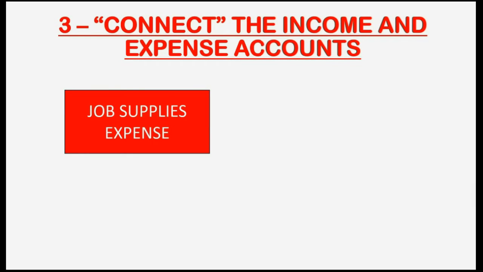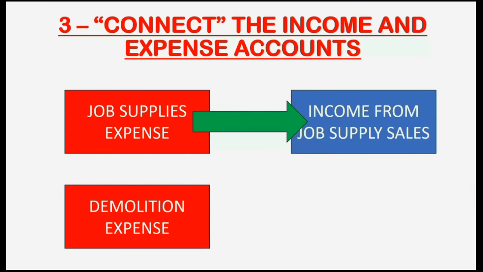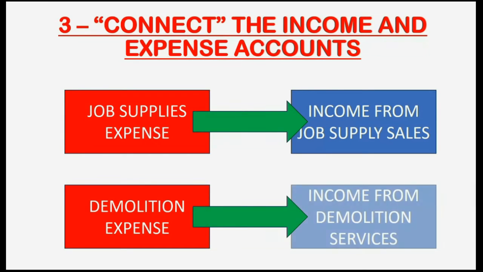We want to connect job supplies expense to income from job supply sales. And because we changed the option, we have to do this additionally with demolition expense being connected to income from demolition services. They weren't directly connected in the previous video because the previous video only had one default income account.